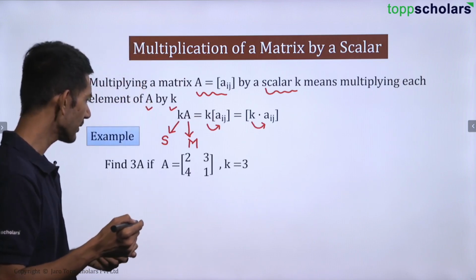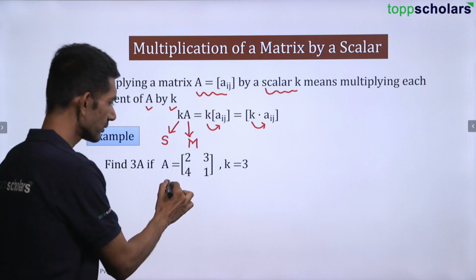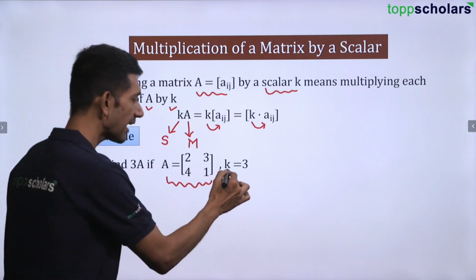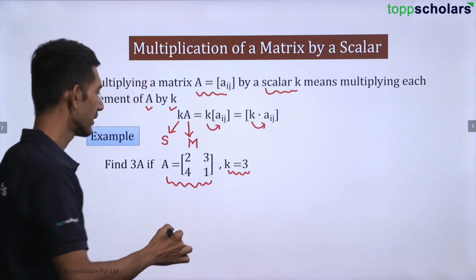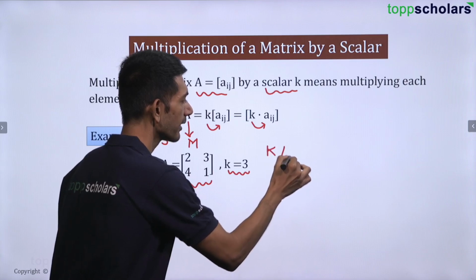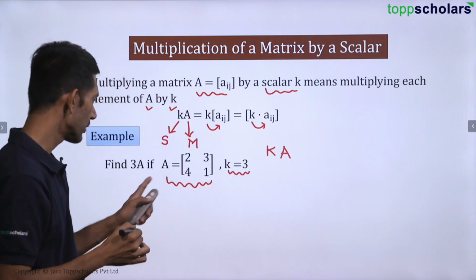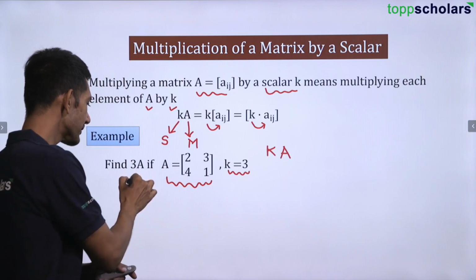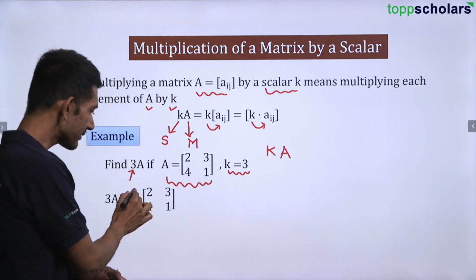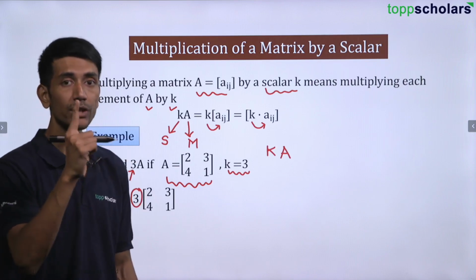So let us see an example. Suppose matrix A is given and the scalar K is given. I need to find K times A, so I need to multiply both of them. My K here is 3, right? So I'll multiply 3 to this matrix, but this 3 is not multiplied to only one element.